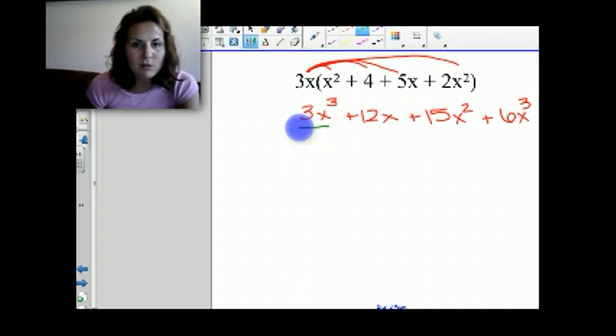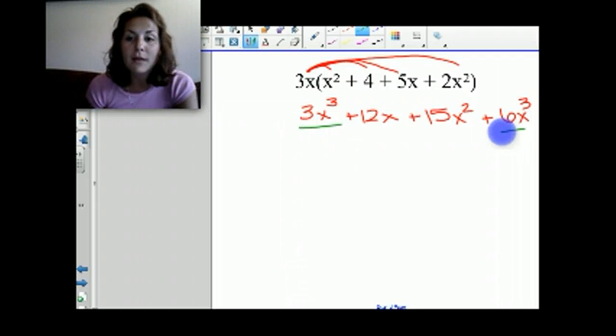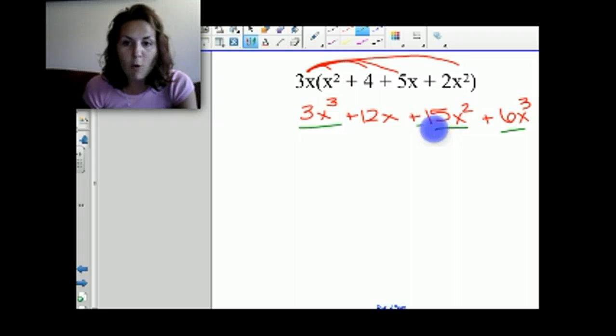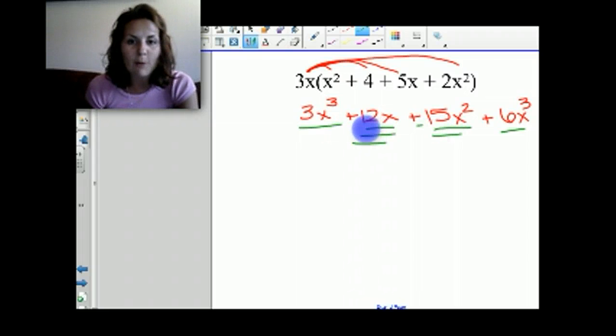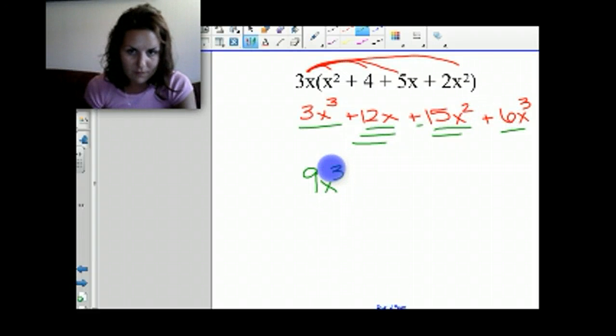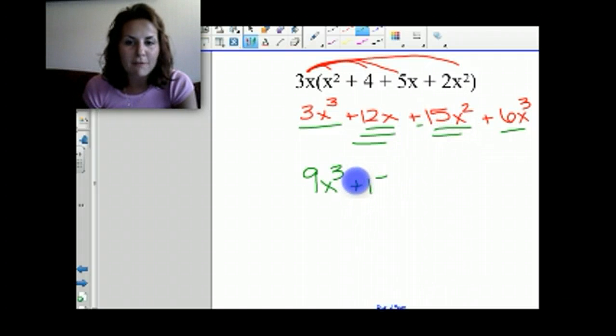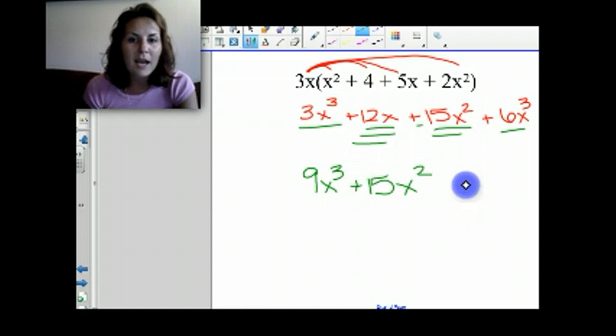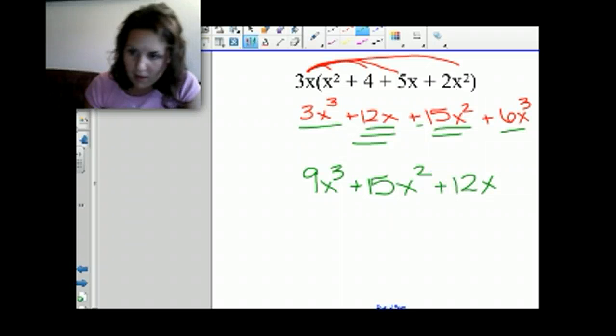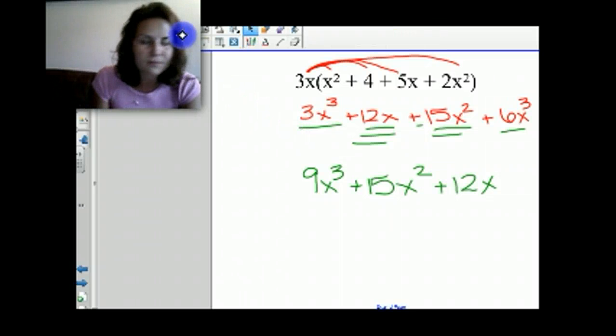Now my like terms, I have two 3x terms, I have one x squared term, and one x term. 3x cubed plus 6x cubed is 9x cubed. Now to put it in standard form right away, I'm going to add the 15x squared, and lastly, plus 12x. This is what we call a polynomial, but we'll get to that later.